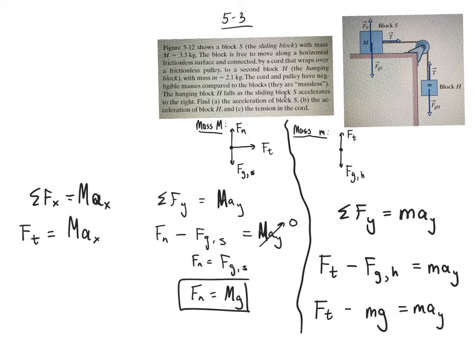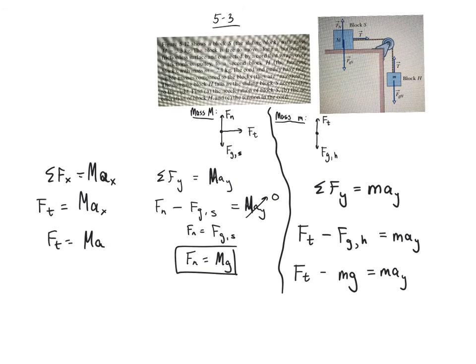It's accelerating downward. So instead of using AX and AY, we say what Emily said and call them both A, but for the one that's moving up and down, we call it negative A. Spence, sorry, go ahead. I was just thinking, so the vertical acceleration for block S is 0, and the horizontal acceleration for block H is 0.